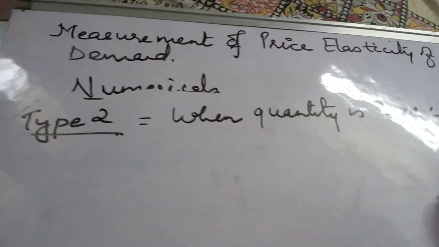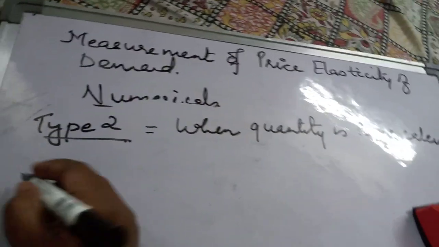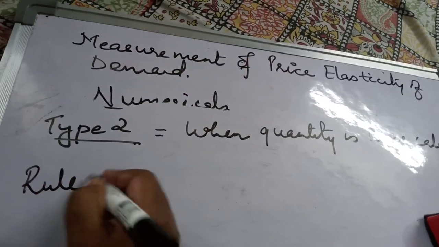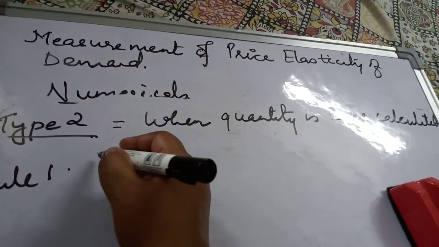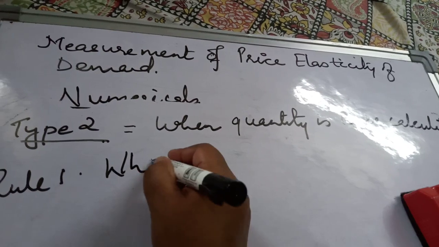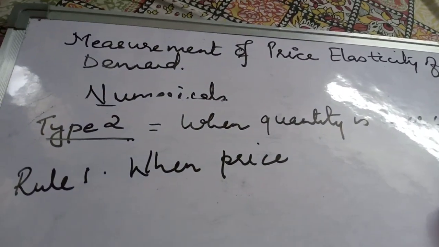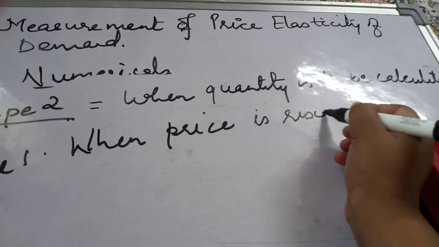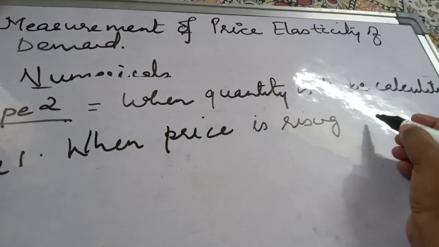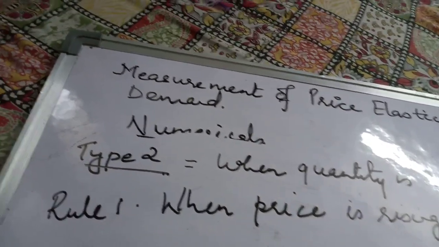Now before we proceed on to this particular question, I want you to understand the different rules we are going to apply. Rule 1. You're going to see what is happening to the price. When you see that the price is rising, what should happen to the quantity demanded?